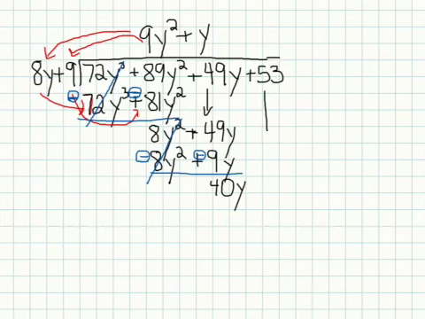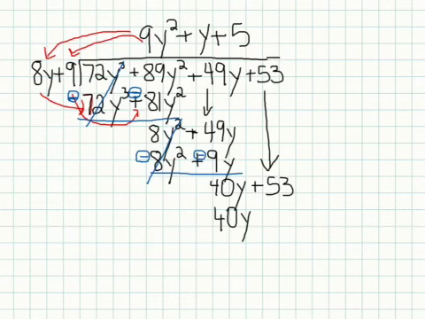Alright, one more round, you're getting the hang of it. Bring down the positive 53, and then start all over again. What do I have to multiply 8y by to get 40y? I think I need 5, so I put plus 5. When I multiply the 5 onto the 8y, I put the answer down here, I get 40y.